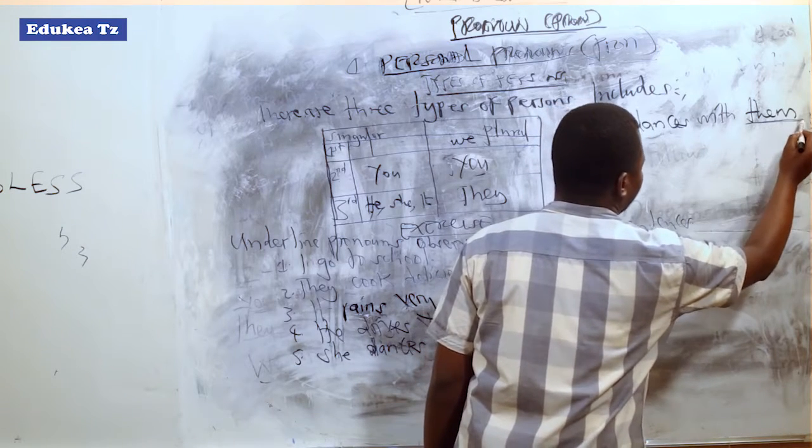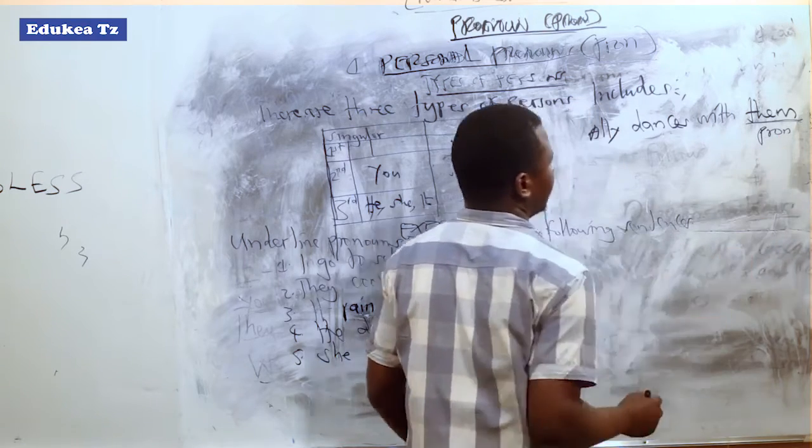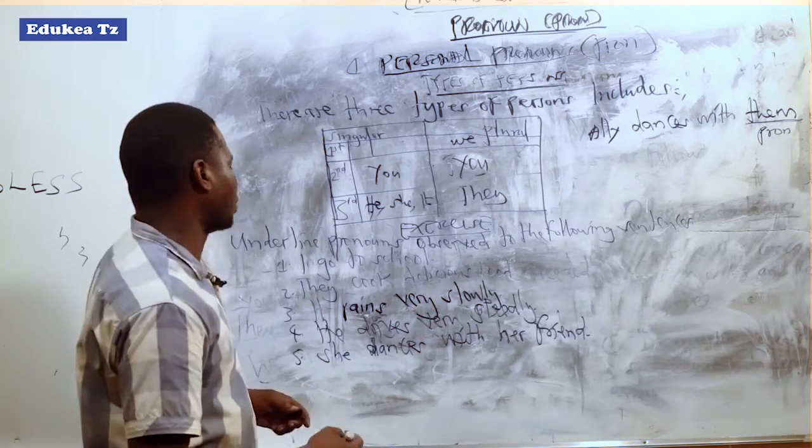So you have to underline this pronoun, then you write in this way. That is to show that it is a pronoun.